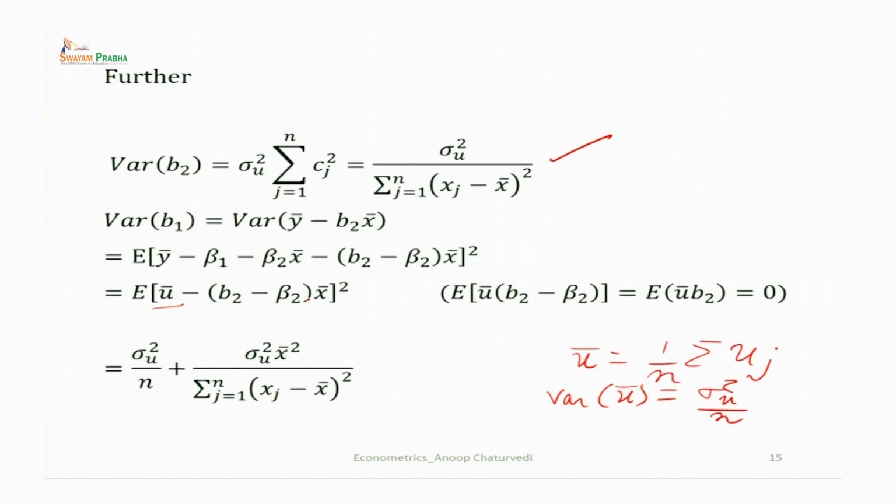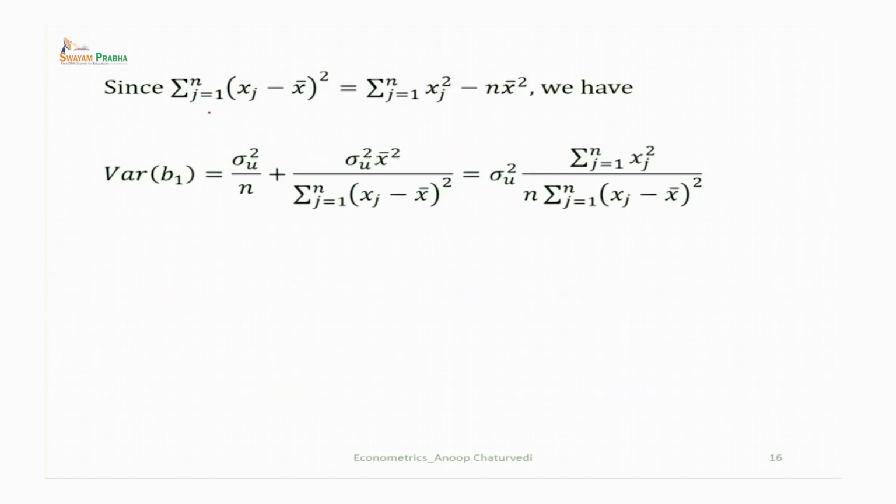Variance of B2 we have already obtained. So, we substitute the value of variance of B2 here into x bar square, and cross product term has expectation 0. So, you obtain this expression for the variance of B1.